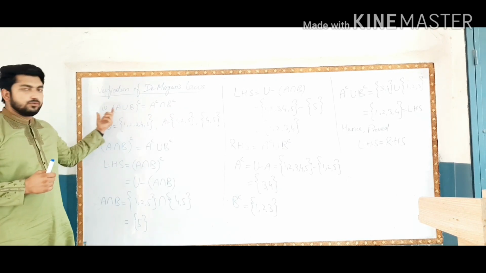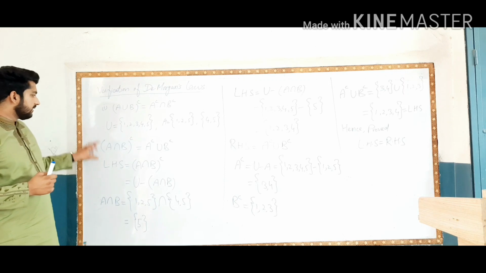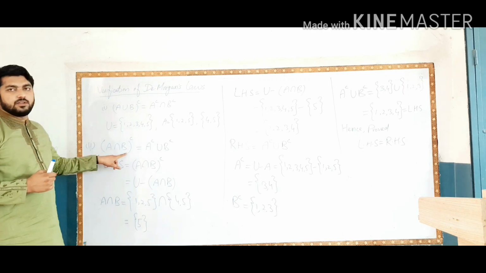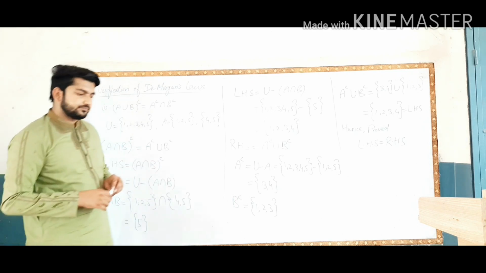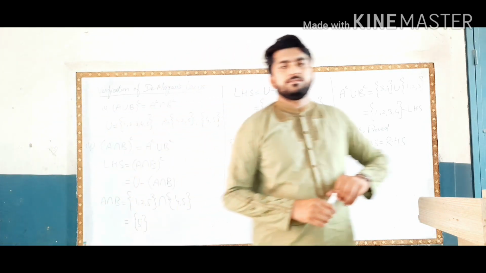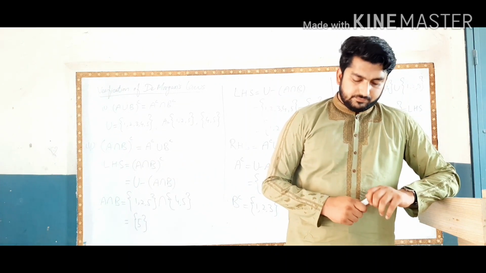So I have verified that law. The second law is A intersection B whole complement is equal to A complement union B complement. So in this lecture I have proved De Morgan's laws.